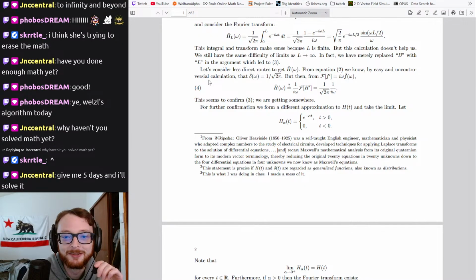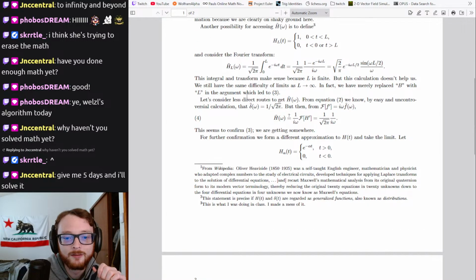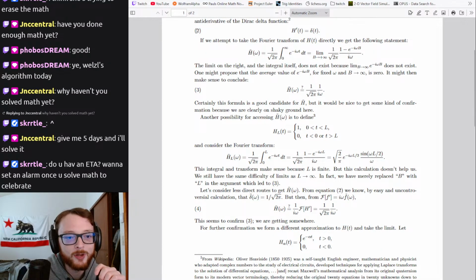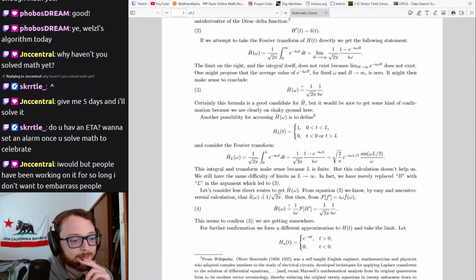Go ahead. Equation. Actually, why are the equations numbered on the left? Like, who does that? Feel we're gonna so long you don't want to embarrass people. It's very kind of you.